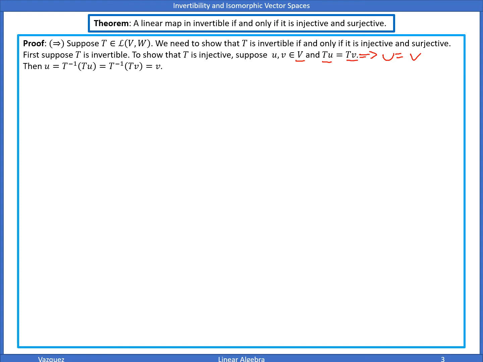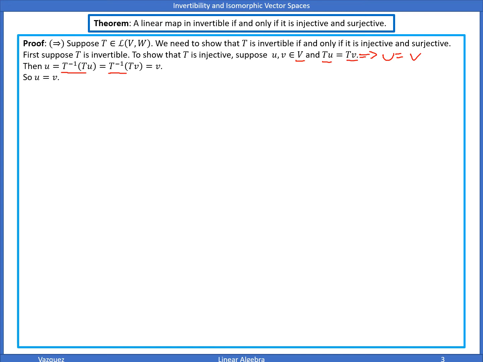So U is equal to the inverse of T composed of TU, which is the same thing as the inverse of T composed of TV, which is equal to V, which shows us what?